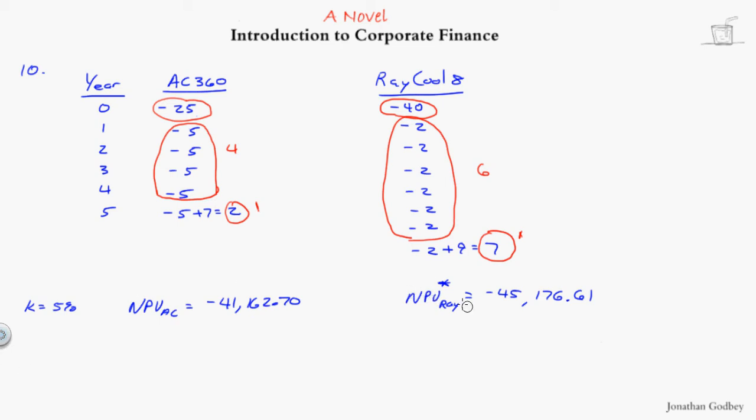is this. You can't make a comparison because one has 5 years, the other has 7 years. So I can't really compare these two net present values. So what can you do? You can assume, well, if I buy the AC360 after 5 years, what are you doing? You're buying a new air conditioner.